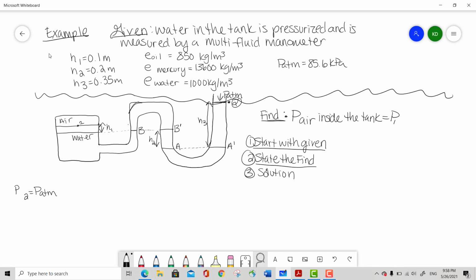We're not under it, we are the point. So the only thing that is above us is the atmospheric pressure. So we've got PA equals PA prime, same fluid, same elevation.